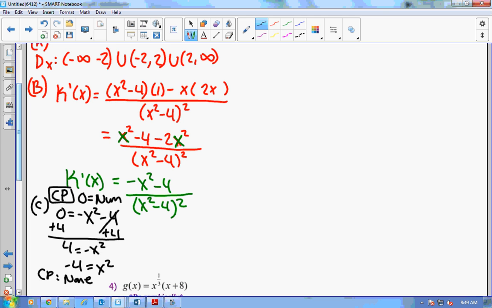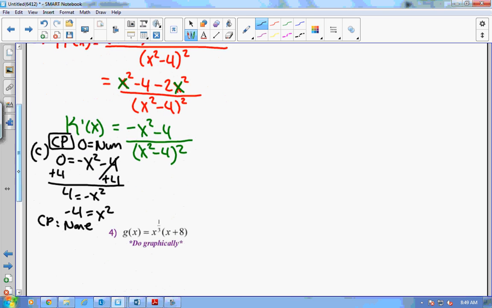What about restricted values? Restricted values are when the denominator equals 0. What number, squared minus 4, all squared, would be 0?